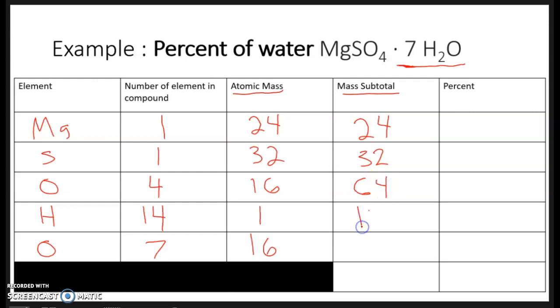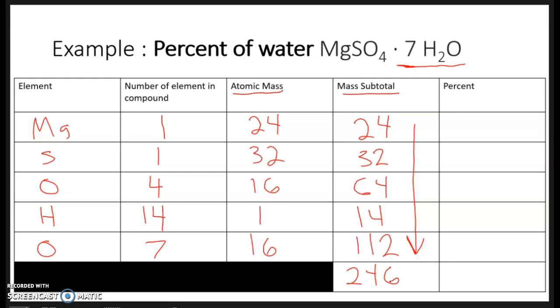There's going to be 14 for the hydrogen and then 112 for the oxygen here. Now, once I have the subtotal for each element, I want to add all of these together, and that's going to give me a total of 246.